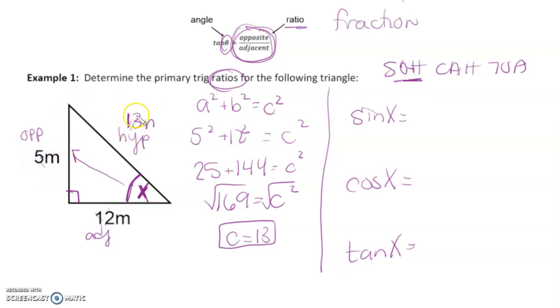So that's 5 over 13. For cos, we have to put adjacent over hypotenuse, 12 over 13. And for tan, we have to put opposite over adjacent, so 5 over 12. Okay, and these are the three primary trig ratios, those three right there.